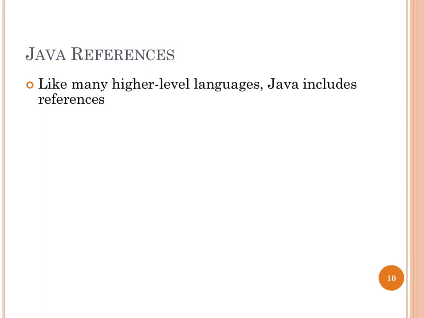Java is a great example. Okay? Java has this thing called a reference, and you probably have even noticed that if I try to dereference null, it has this value null, which means the reference doesn't refer to anything. And it throws a null pointer exception, which is weird because it's supposed to not be a pointer. It's supposed to be a reference, but it throws a null pointer exception. Okay.